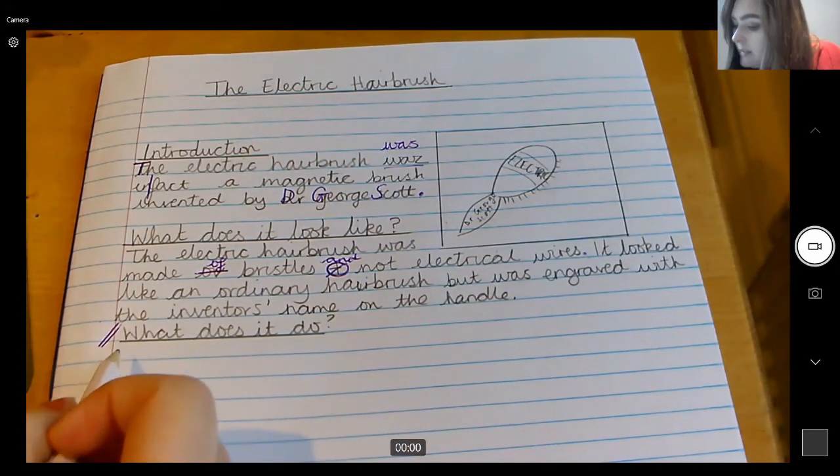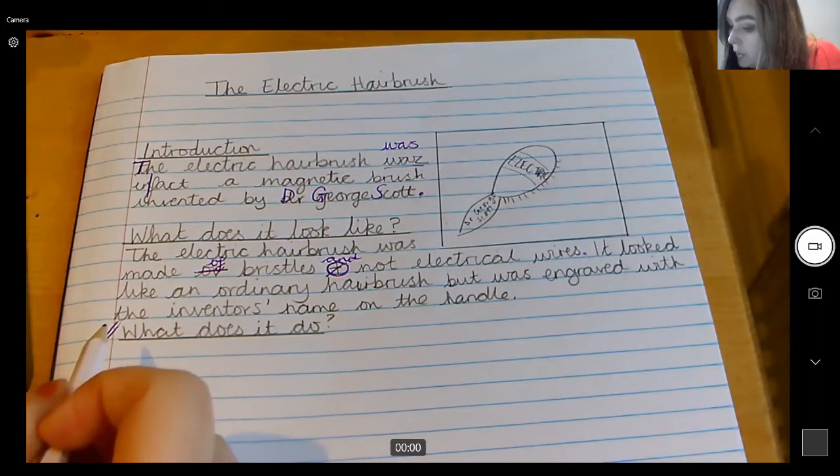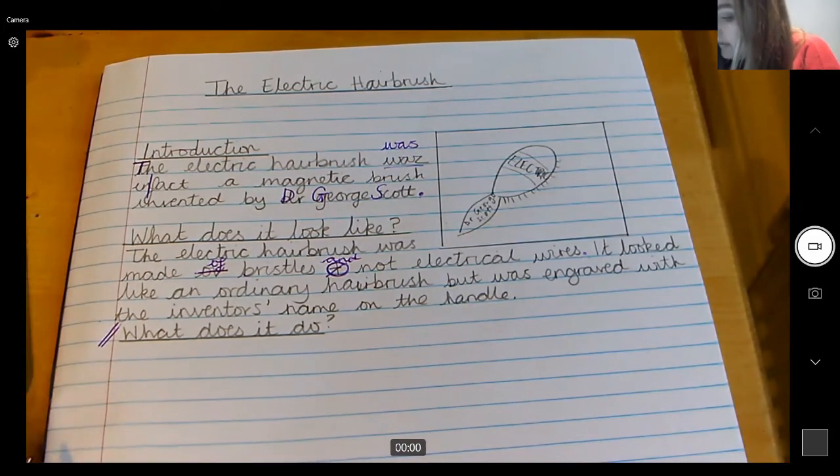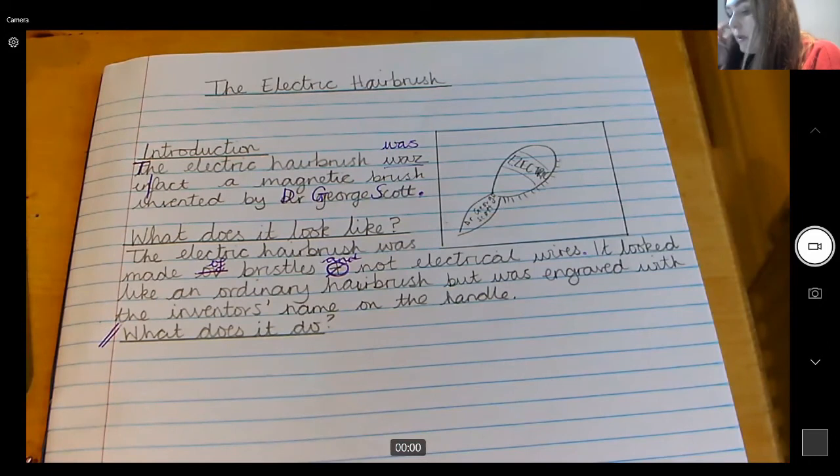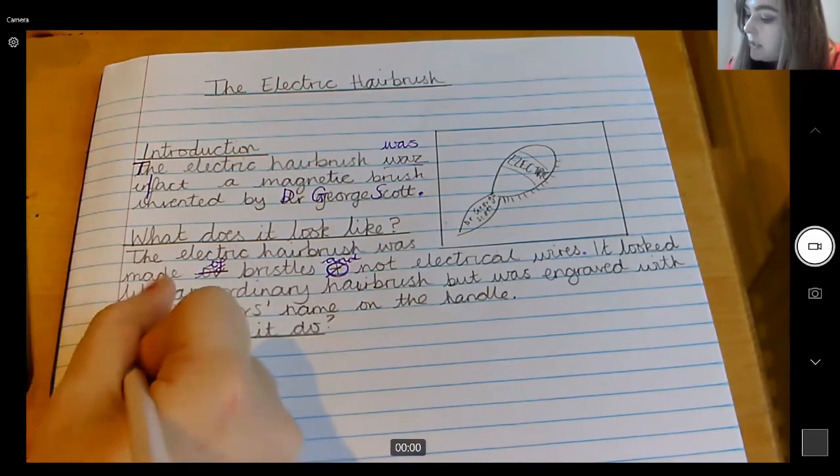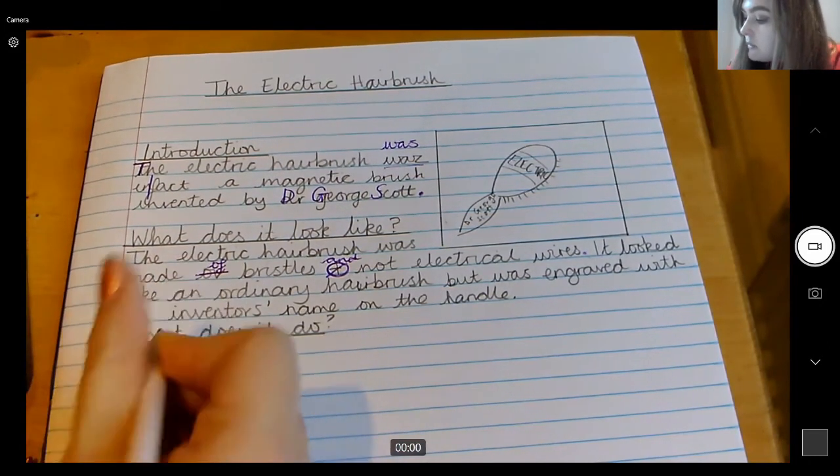Okay, then we start writing our next part. The next part is: the electric hairbrush was said to cure baldness and help people's hair thicken and grow. It didn't hurt to use the brush and it became very popular. So again, we start our sentence with a capital letter.